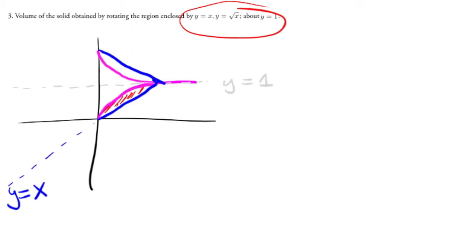Okay, so then I'm going to draw a washer because that's the shape that I end up with. So if I rotate this guy, I'm going to end up with a washer that looks kind of like that.